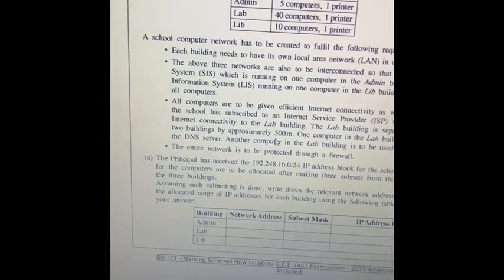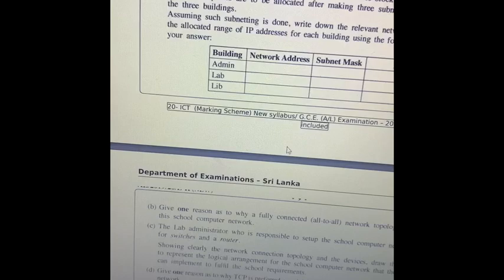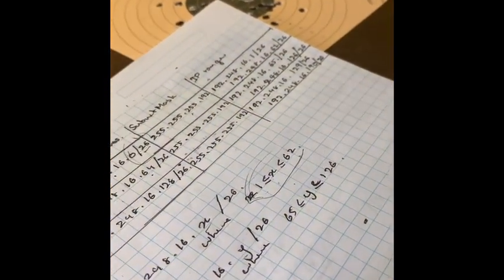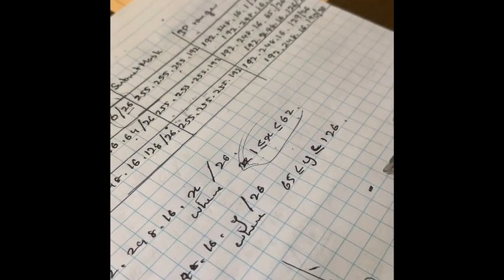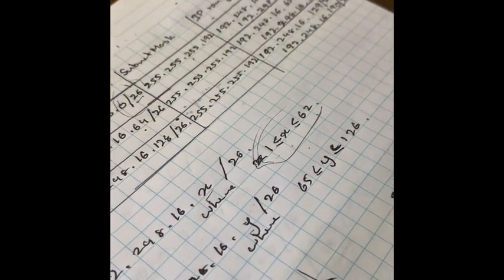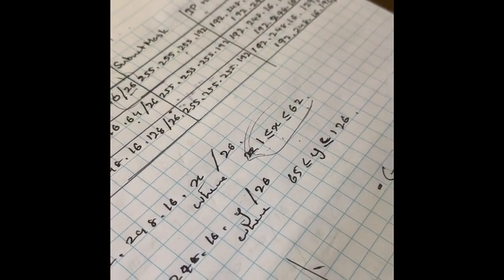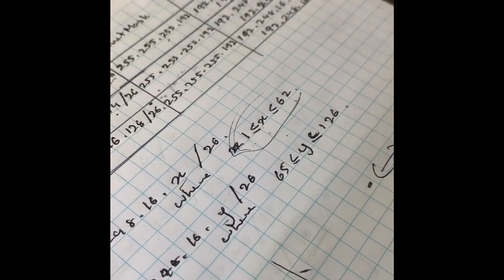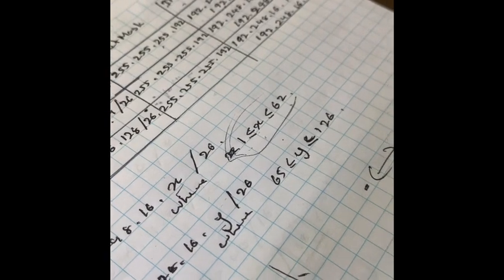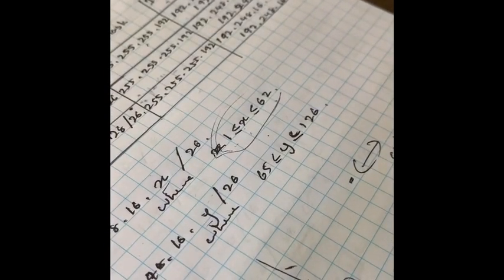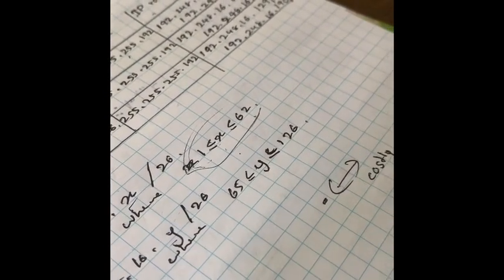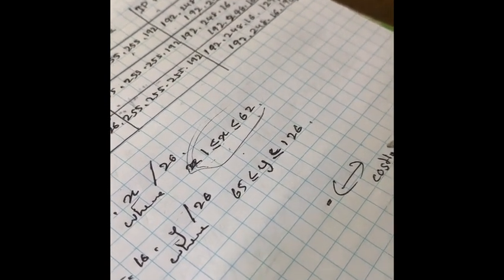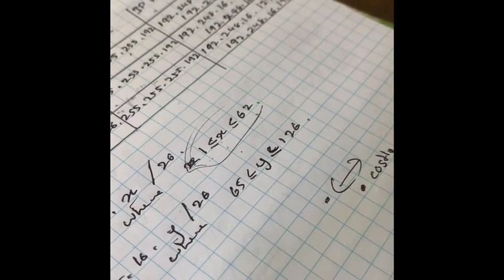So that's quite a big geographical distance between two networks. So making a single, all connected network will be costly due to the geographical locations the buildings are in. That will be one reason.